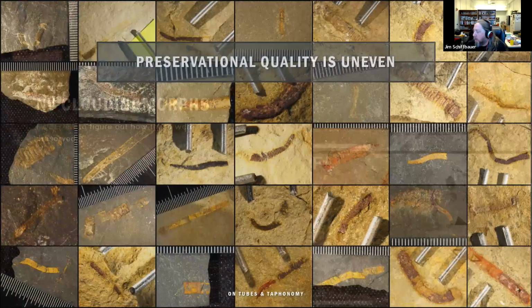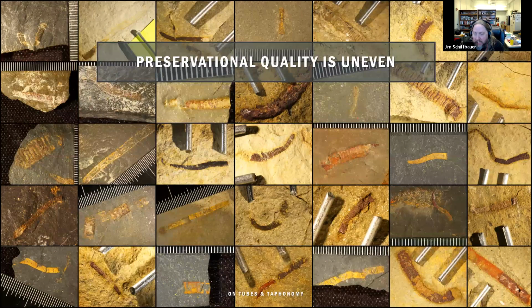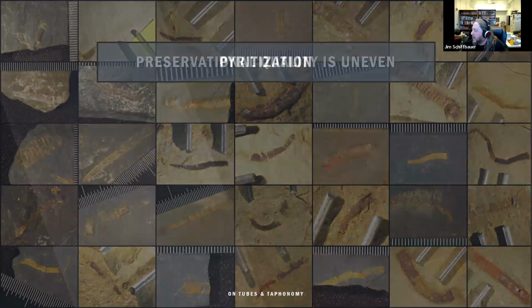And this started making us ask questions about the overall preservational quality at this locality and what we could say from the taphonomic perspective. And so we started to investigate a lot of these. We needed to collect more. We needed to survey what the taphonomic expression really looked like across the entirety of the unit. So this is what we've been doing.